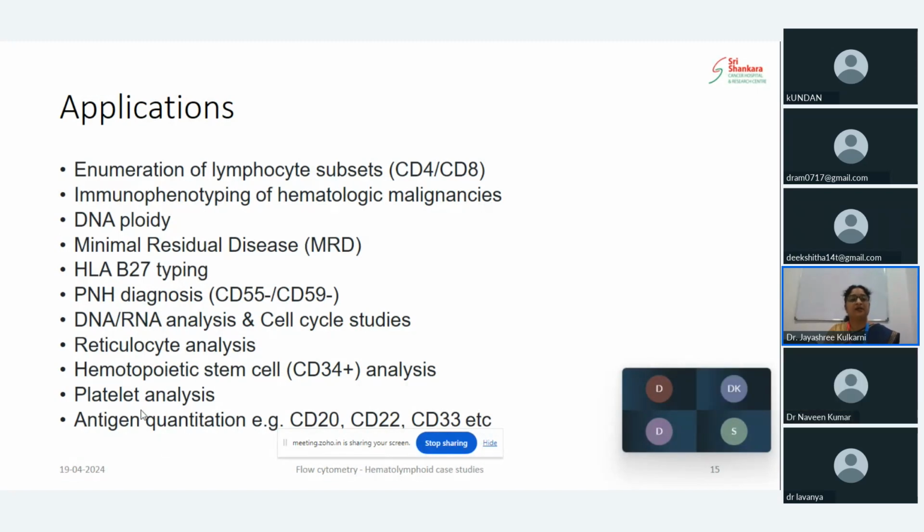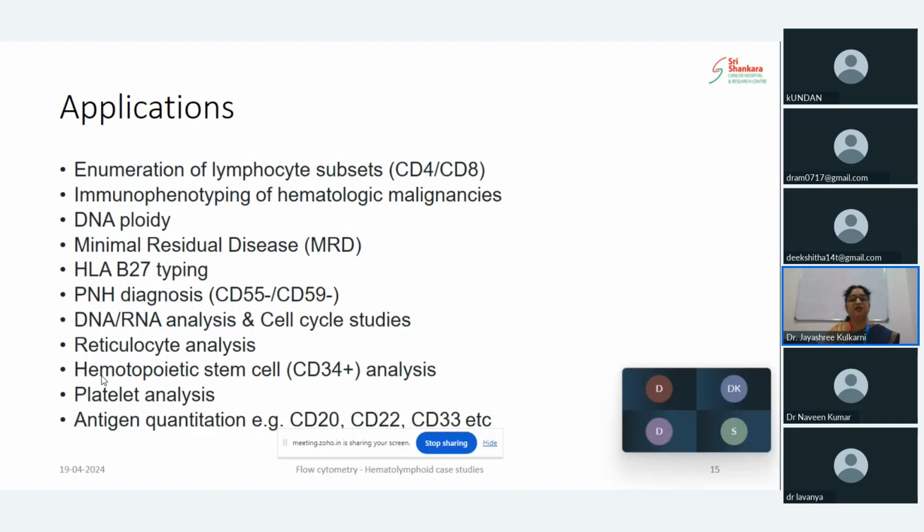Another important thing in a cancer setup is the CD34 or the hematopoietic stem cell analysis. So whenever there is a patient who is undergoing a transplant, you need to know how much of stem cells you are going to inject or transfuse into him for a good bone marrow transplant result, right?